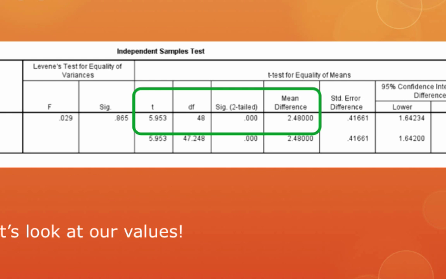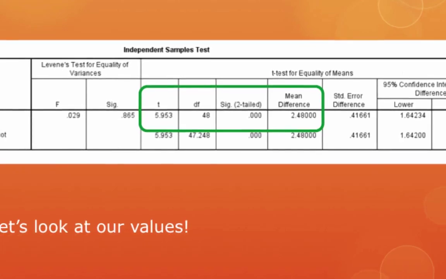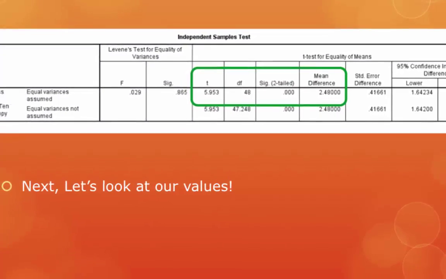So we have our sig, which is our p-value of 0.000. So based on this p-value and comparing this to alpha, would we accept or reject the null hypothesis?